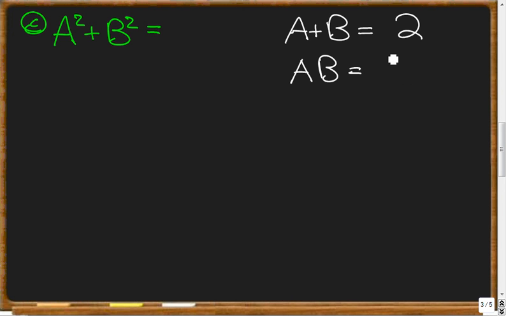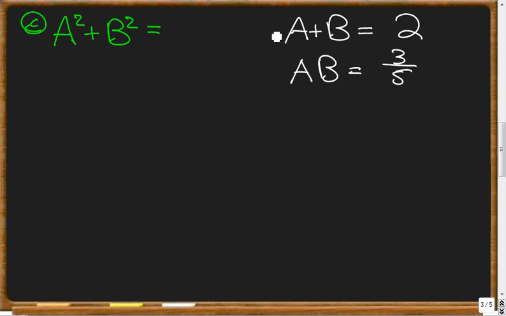So what if we're looking at a squared plus b squared? Well, we don't know what a is, and we don't know what b is. What we do know are the following things. We know that a plus b is 2, and we know that a times b is 3/5.